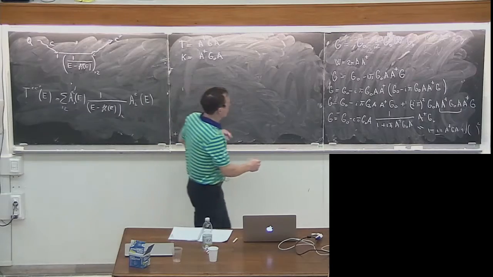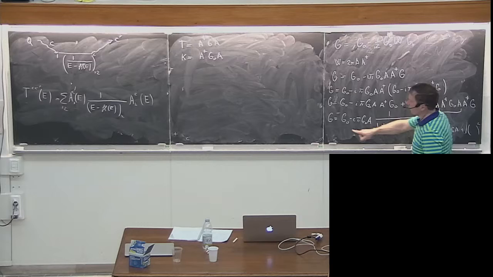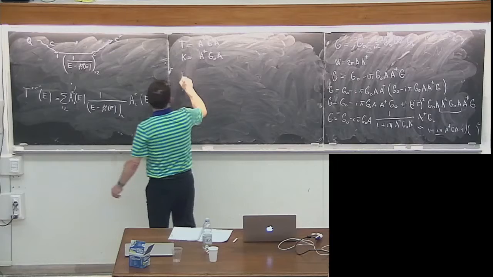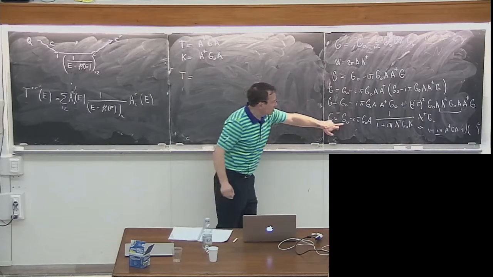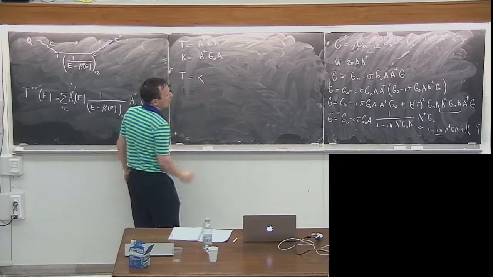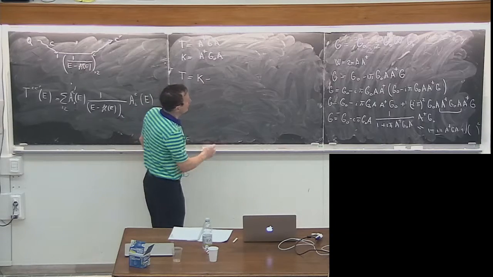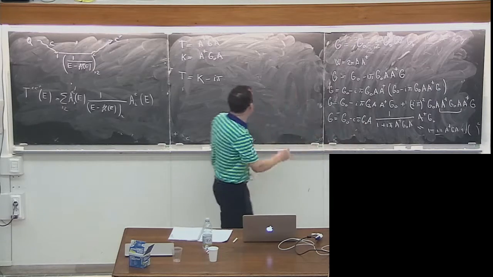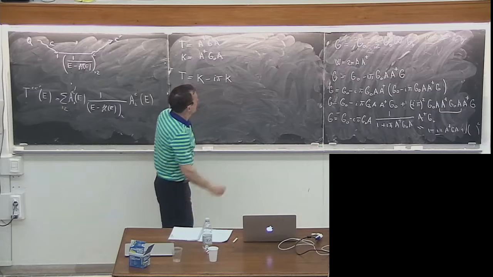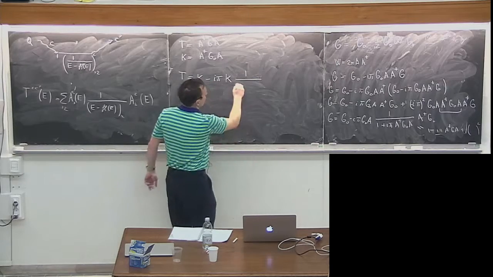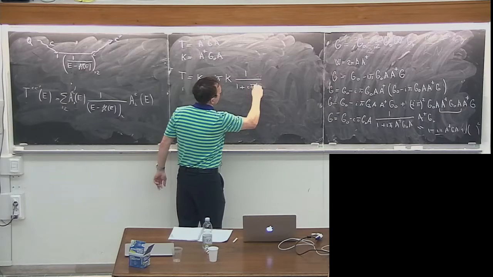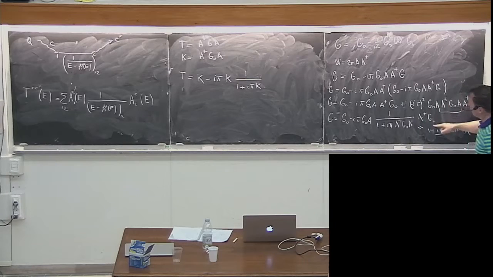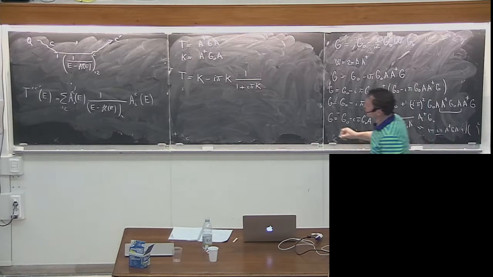Therefore, I will multiply this from both sides, from this side by A dagger and from this side by A. So what I will get is my T matrix equal to this term, which is just my K. Then I will have minus I pi, and then A dagger G naught A, which is K again. Then I will have 1 over 1 plus I pi K, because this is again K. And at the end, when I multiply by A, I have A dagger G naught A, which is K again.